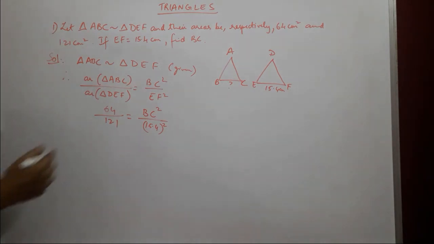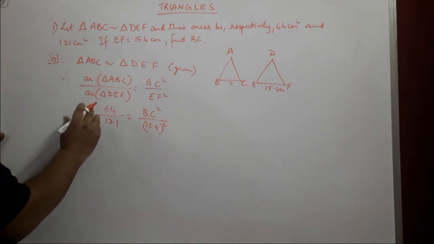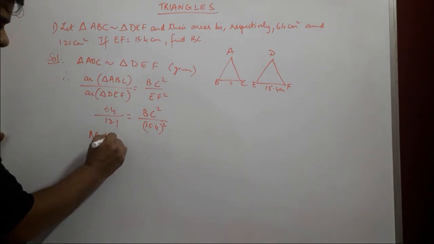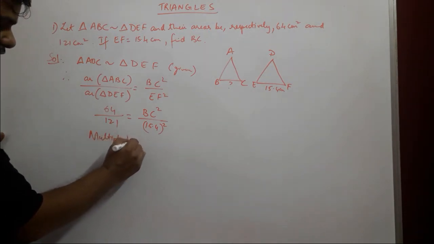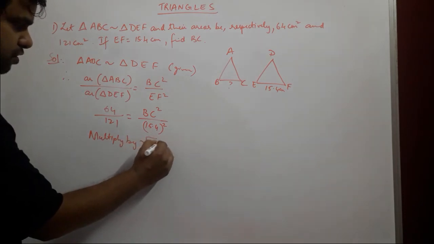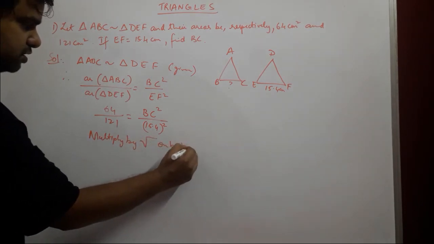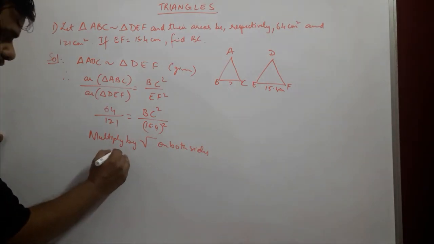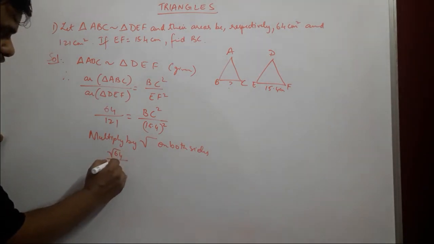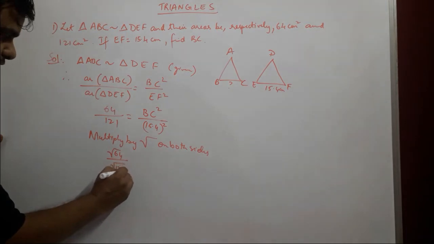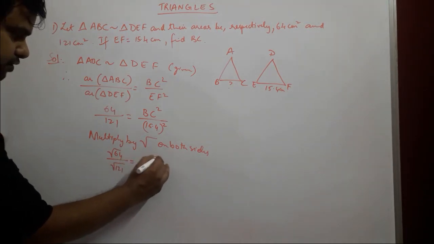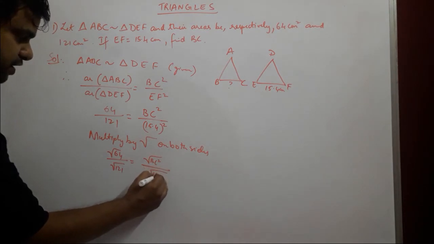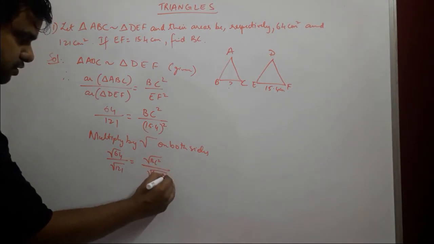Now to move further, I'll take the square root on both sides. Then we get square root of 64 upon square root of 121 equal to square root of BC square upon square root of 15.4 whole square.